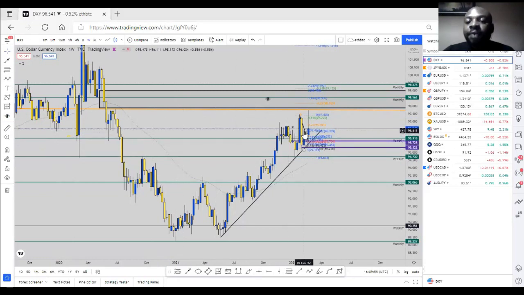If you confirm from structures that the DXY is very bullish on the higher time frame, it's going to show you that the USD pairs are going to be going in the opposite direction across board.